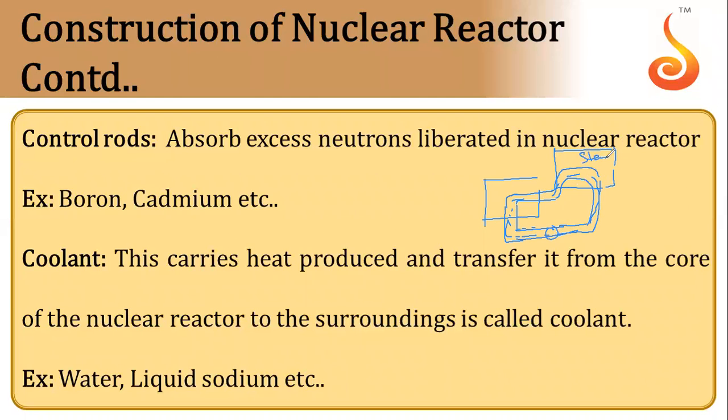In the steam generator, water absorbs heat from the coolant which is inside this tube, and then water gets converted into steam. That is the work of coolant. And coolants are water or liquid sodium.